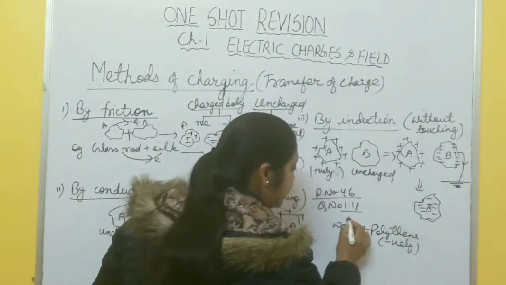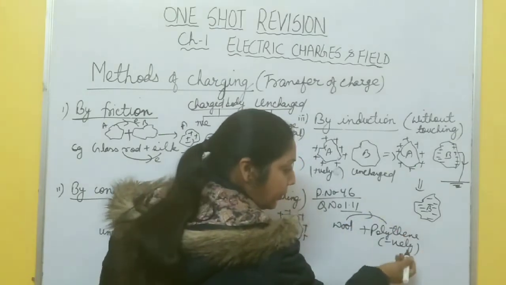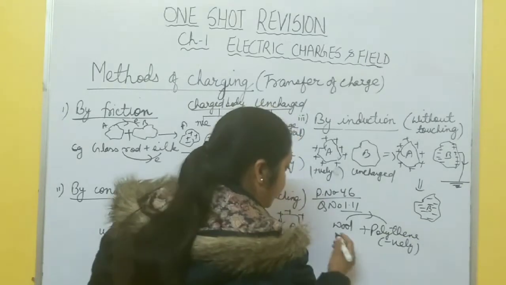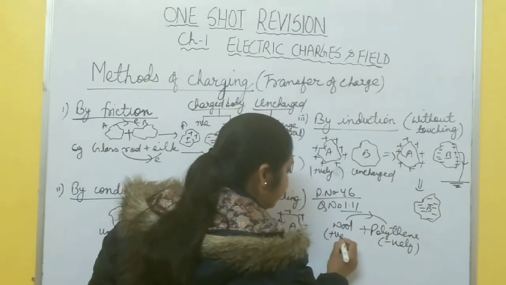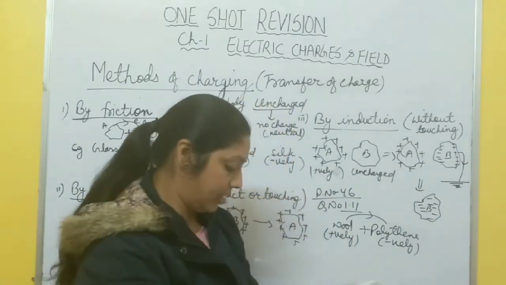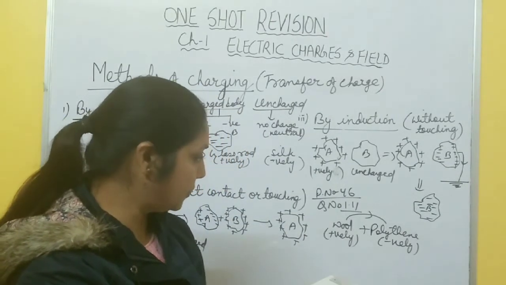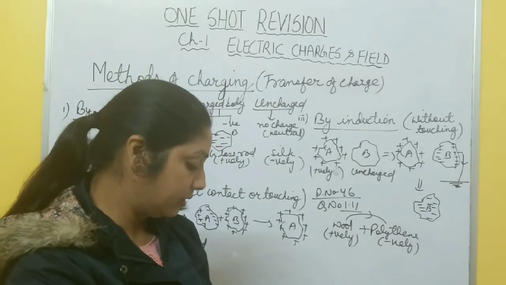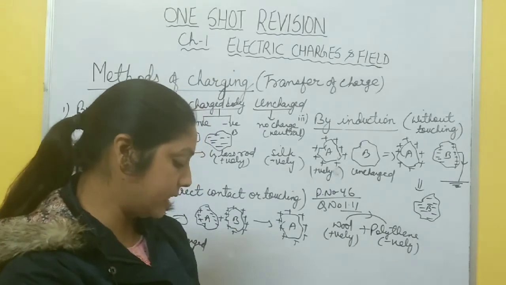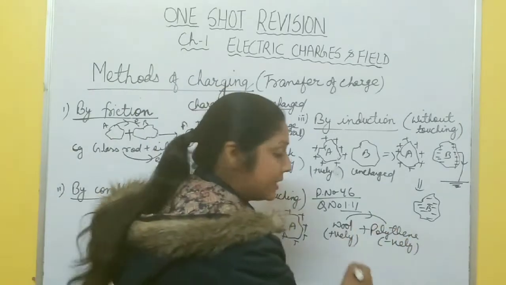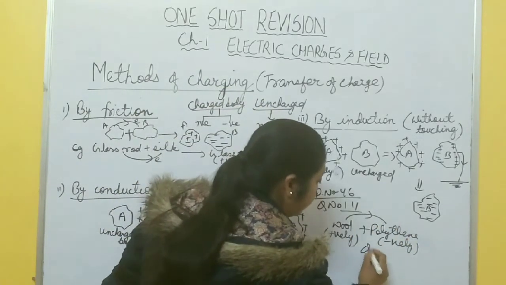It means there is transfer of electrons from wool to polythene, and this polythene has an excess number of electrons, and this wool becomes positively charged. And how much charge is transferred? This polythene piece has 3 into 10 to the power minus 7 coulomb total charge.